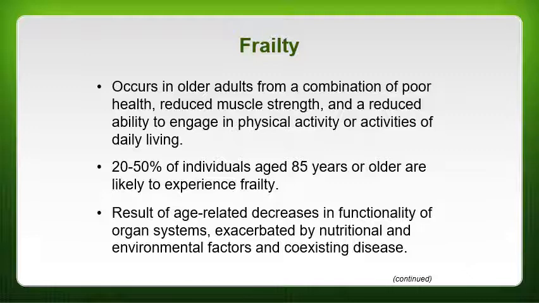It's not unlike anything. The older you get, your organs aren't quite as efficient with how they work, and then you couple that with decreased physical activity, it just makes things worse. This is many times associated with other chronic diseases. We know that the risk for chronic diseases starts to increase after age 65.